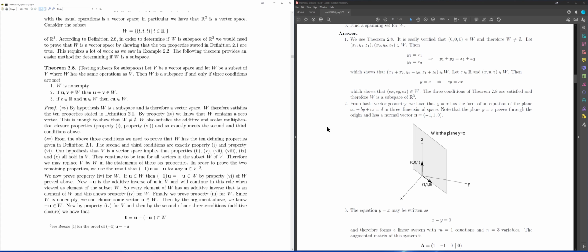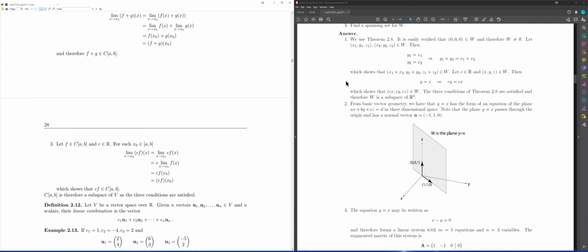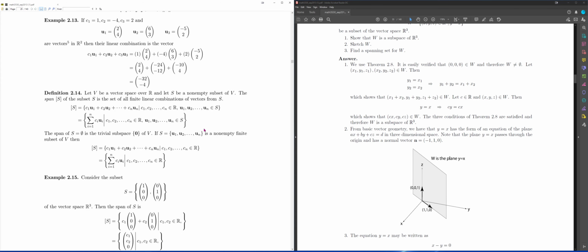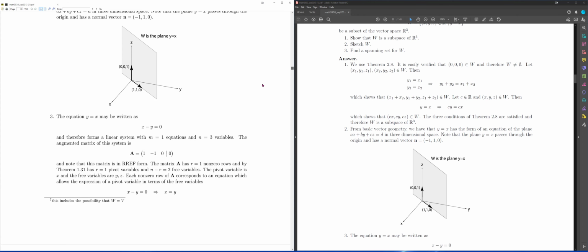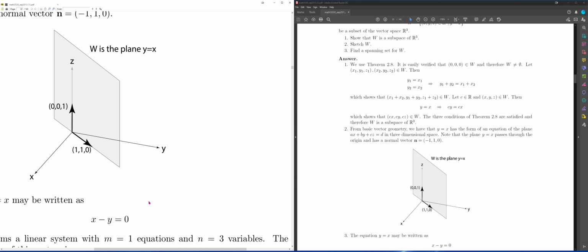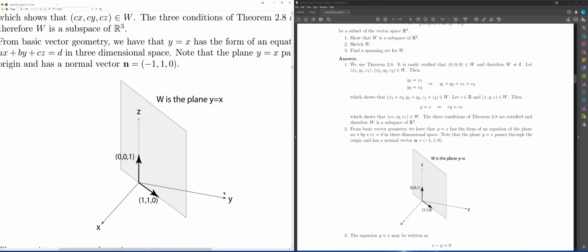Okay. So now what I want to do is sketch this subspace, which is y is equal to x. How would I do that?